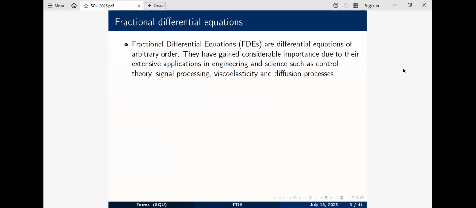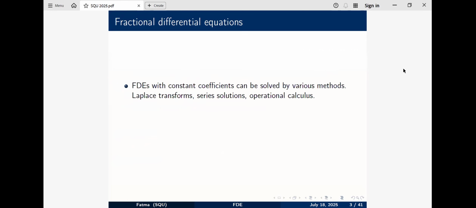Fractional differential equations are differential equations of arbitrary order. They have gained considerable importance due to their applications in different areas: control theory, signal processing, viscoelasticity, and diffusion processes. As you know, fractional differential equations with constant coefficients can be solved by various methods like Laplace transform, series solutions, and operational calculus.